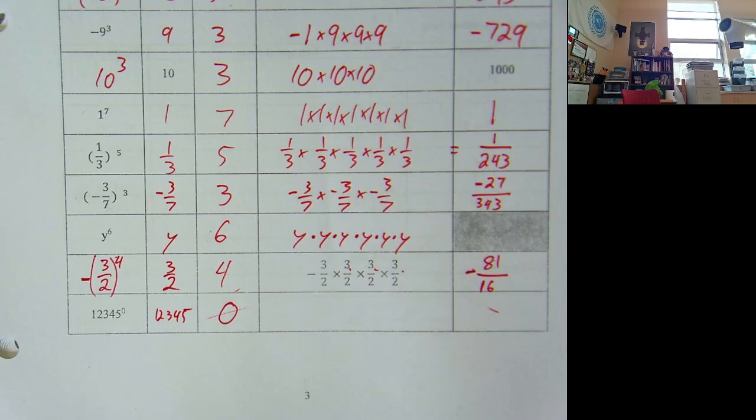Let's go through it. Okay, so I'm going to show you what it looks like doing it this way. 2 cubed is what? What does that mean? 2 cubed. 2 times 2 times 2. 2 times 2 times 2 is? Okay, cool. 2 squared is?